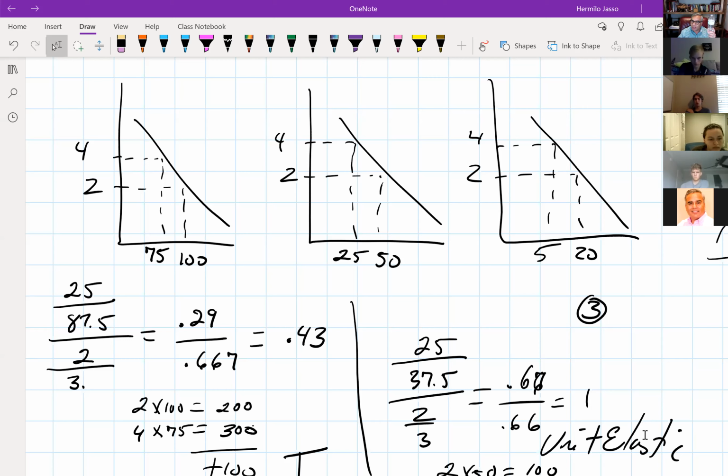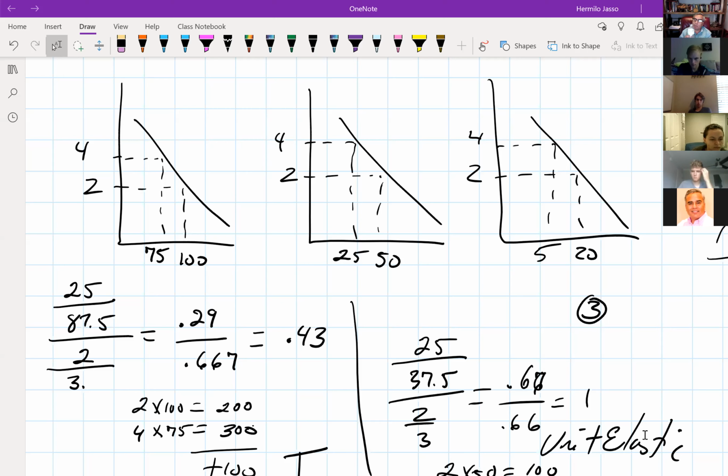So if I increase my price, what's going to happen to my revenue? If it's elastic, it will diminish relatively significantly. Okay, so your profits are going to decrease. Why? Because you know that people are going to respond.